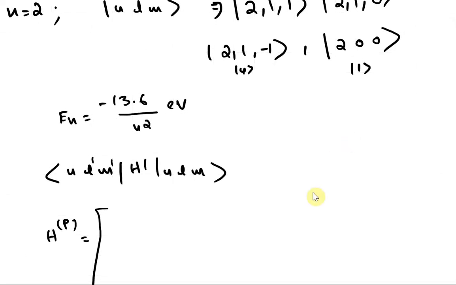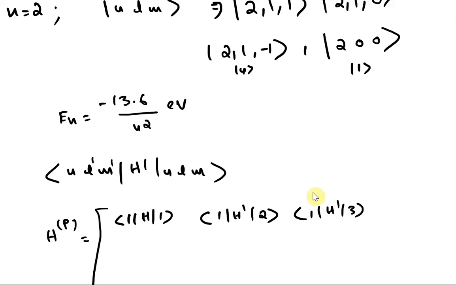So the first component for me is <1|H'|1>. I labeled 1, H prime, that I know, we have already found out that perturbation, and 1, that is going to be the first component. The second component is going to be <1|H'|2>, <1|H'|3>, and <1|H'|4>.